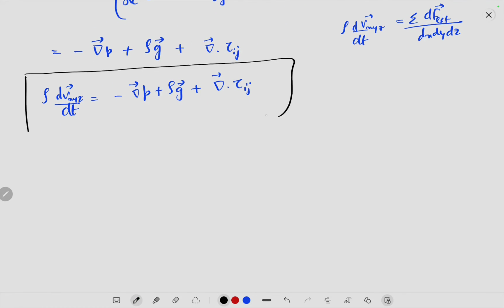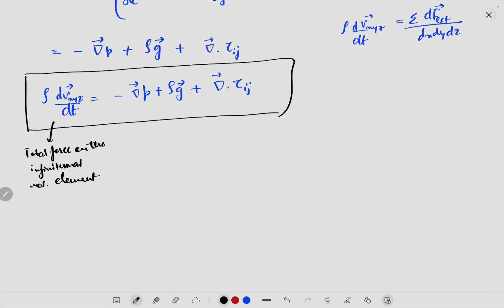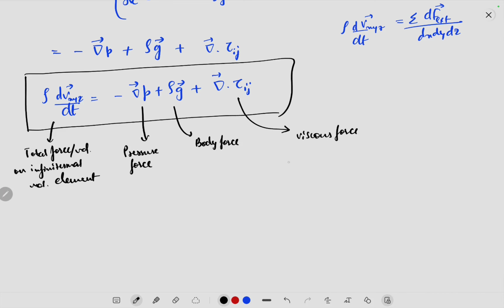The equation that we just got tells me that the total force per unit volume on an infinitesimal volume element is equal to the pressure force per unit volume plus the body force per unit volume plus the viscous force per unit volume.